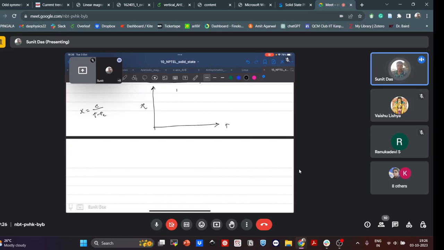Let's say this is Tc. For temperature T greater than Tc, this is a hyperbolic type function.